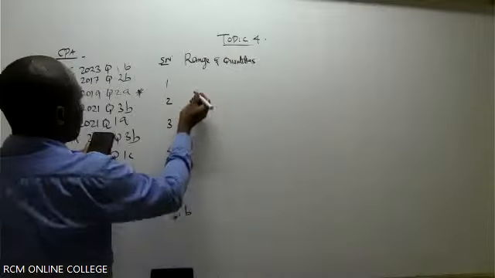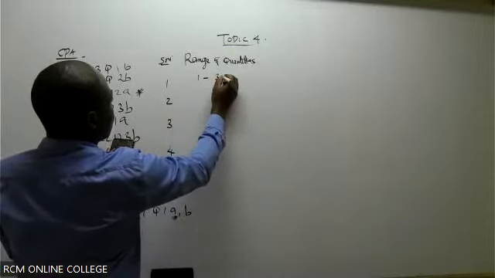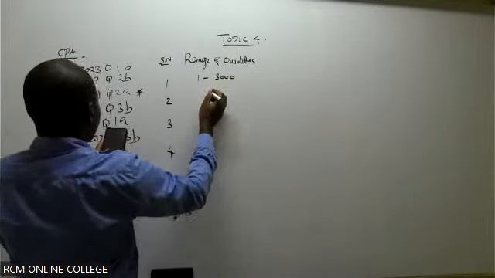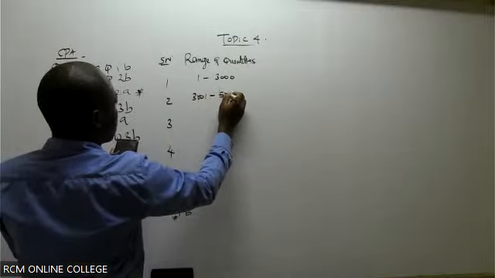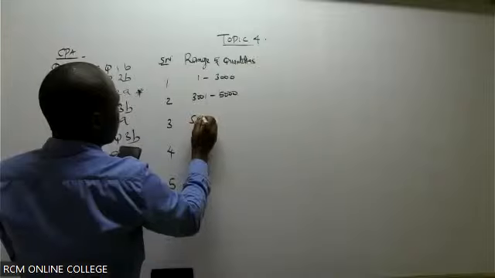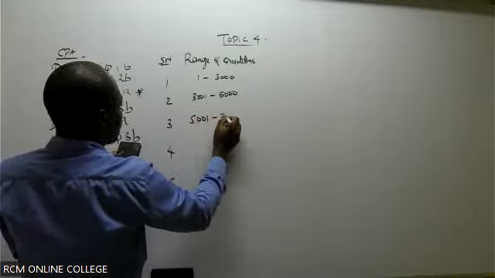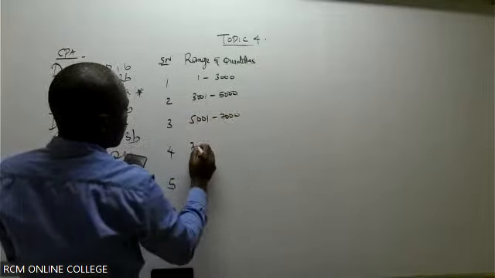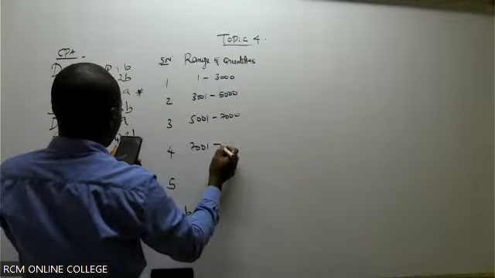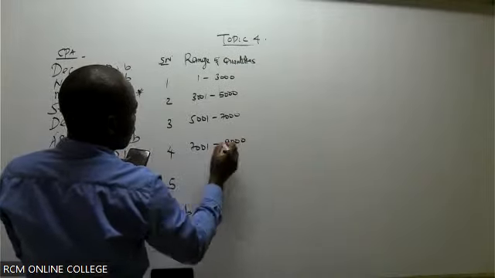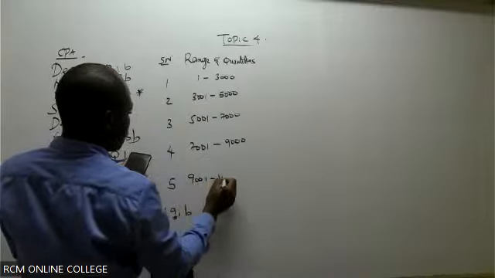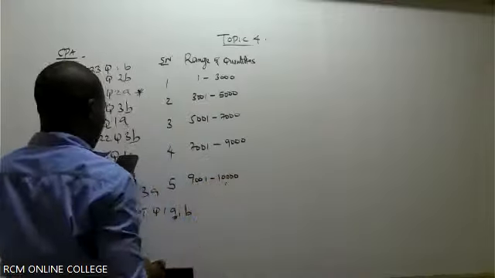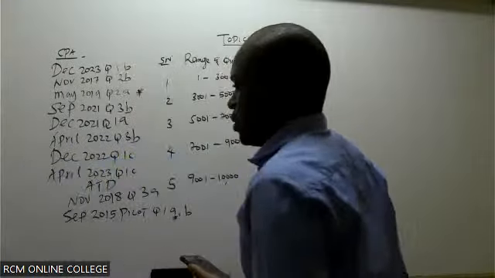Then we have 1 to 3,000, 3,001 to 5,000, 5,001 to 7,000, 7,001 to 9,000, 9,001 to 10,000. That is what we have.